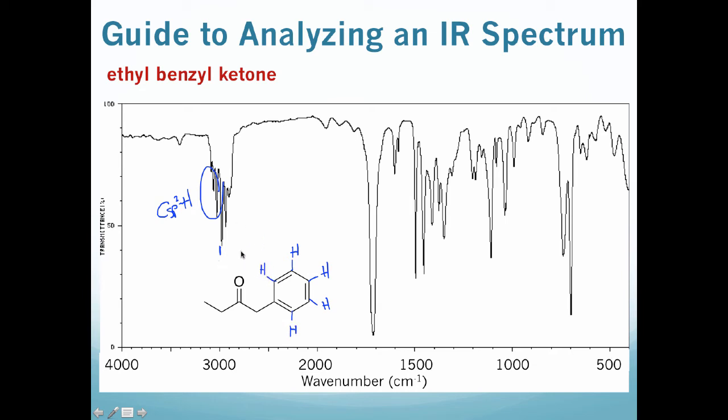To the right of 3000 wave numbers, this stuff over here, that is the carbon sp3 hydrogen bonds, and of course we have a number of those.